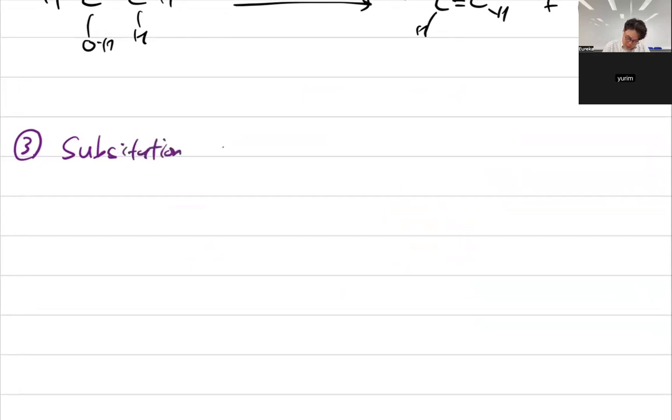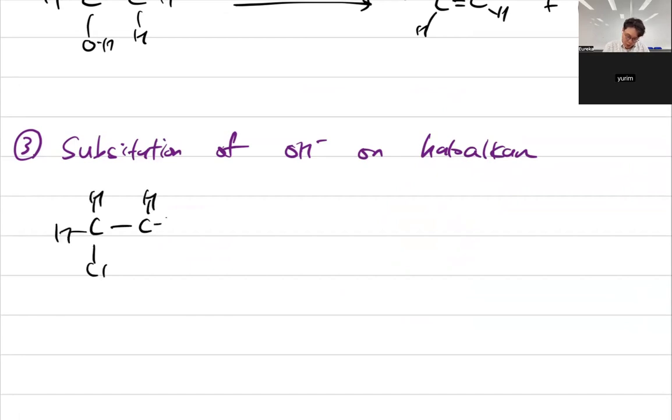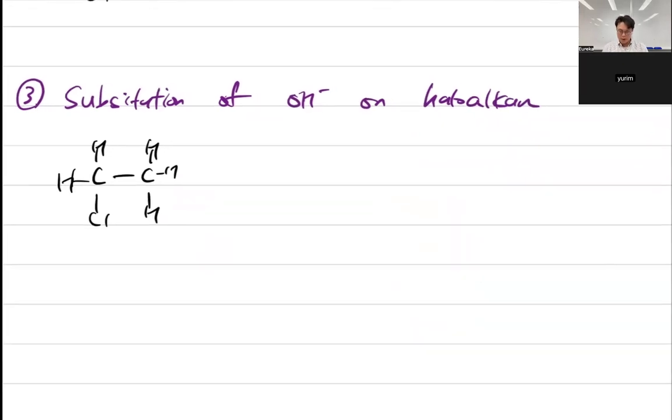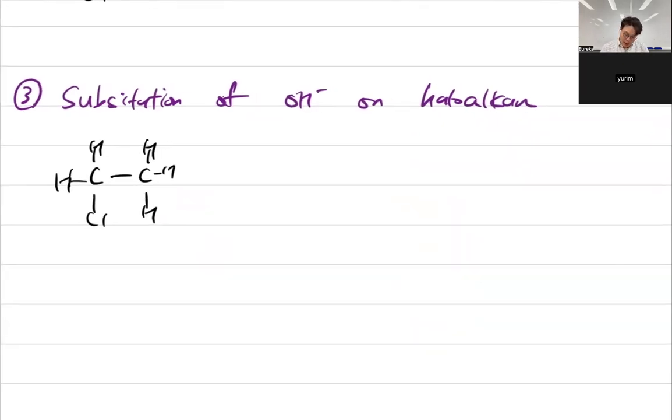Substitution of OH minus on the haloalkane. It would look like this. Assume we have a haloalkane, so a chloroalkane looks like that. It could be bromo, it could be iodo, it doesn't really matter, but I'll just use the chloro because it's the most common haloalkane we use. When this is reacting, we're adding a strong base like sodium hydroxide or potassium hydroxide.